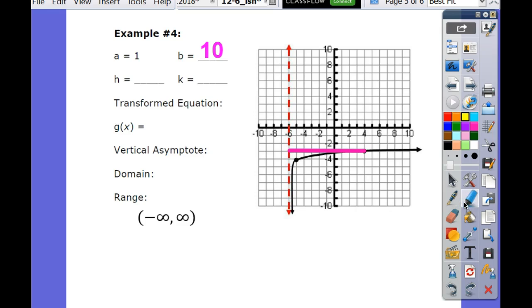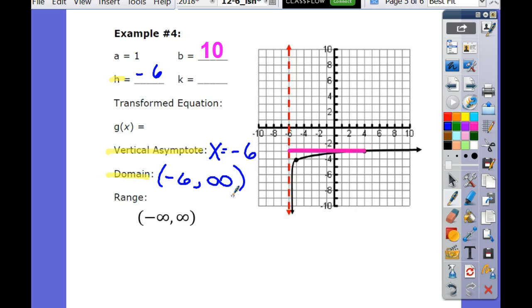We have one last example. I always do the asymptote first, and that helps me get the domain and the h. The asymptote is at x equals -6. The h is at -6. The domain is -6 to infinity.